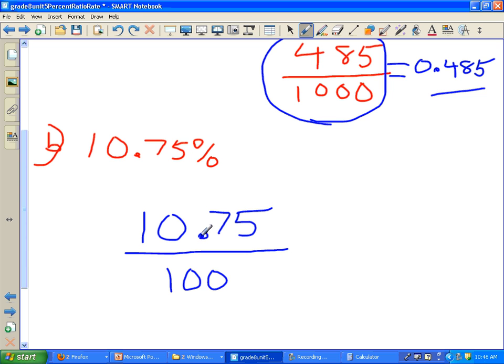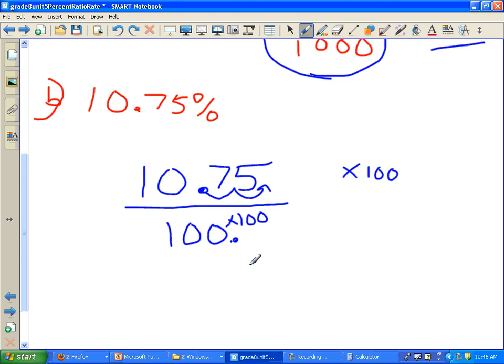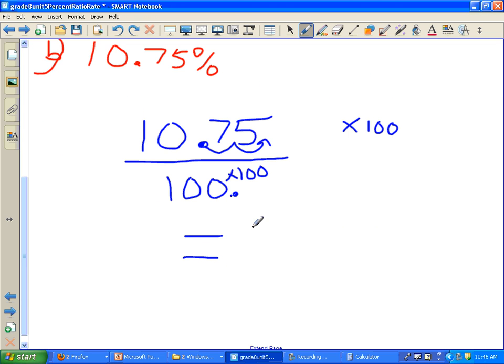So we don't like this decimal here up in the top, so we can shift it 2 places, or that's basically timesing it by 100. Down here, you have to shift this decimal 2 places, or the same thing as timesing by 100. So here's what you'll have on the top. You'll have 1075.